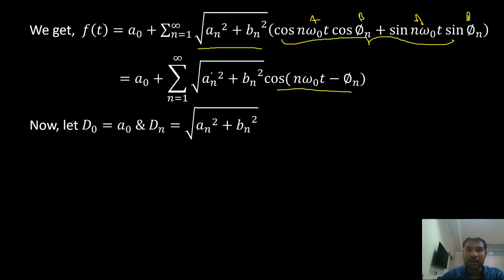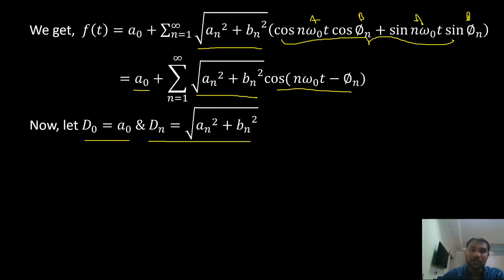So basically what I have done: in the original trigonometric Fourier series, we had sine as well as cos. Now we only have cos. We have converted the sine into cos, so it is called cosine Fourier series. Now I'm replacing a naught by d naught and the amplitude by dn.